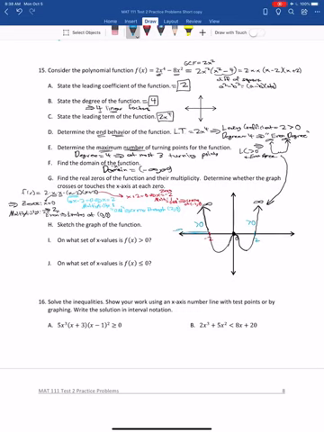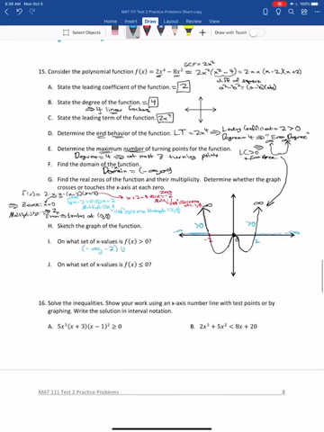So all x values that are less than -2, so -infinity to -2, is greater than 0. They don't include -2. At -2, it's equal to 0. And then also from 2 to infinity, it's greater than 0. Between 0 and 2, it's less than 0. So there are the two intervals.